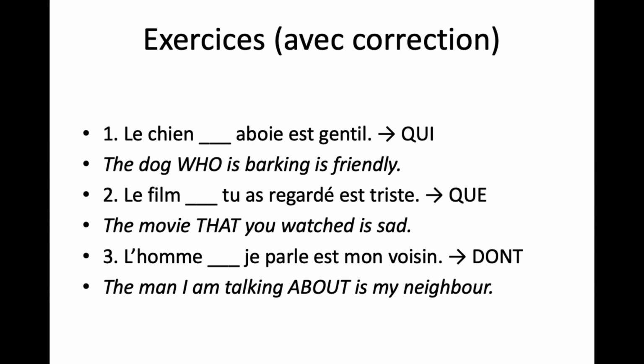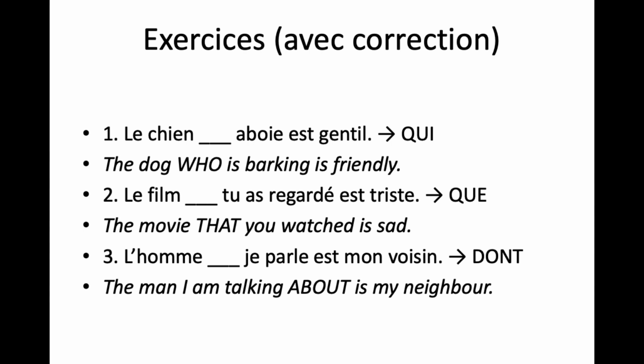So let's make this little test with the complement introduced by de after the verb. Are we able to say tu as regardé de le film? Is it okay to say that? No, it's not really okay to say that in French. We can't put a preposition after the verb regarder, to watch.